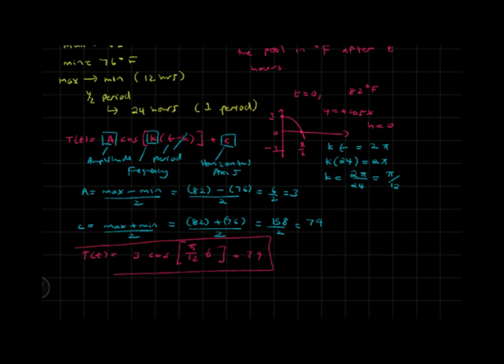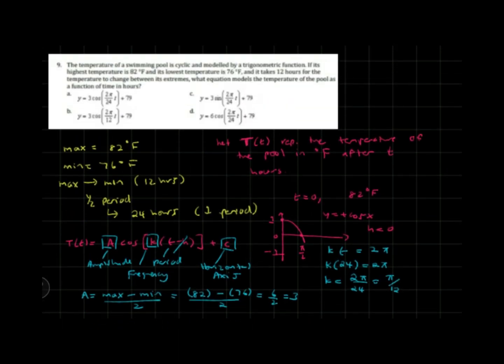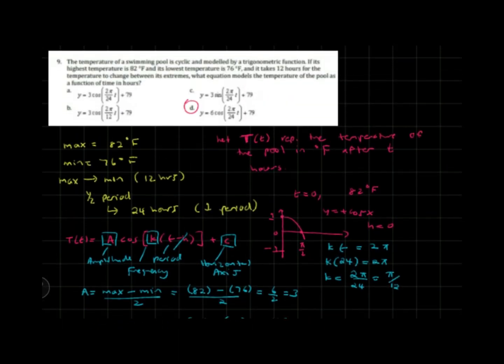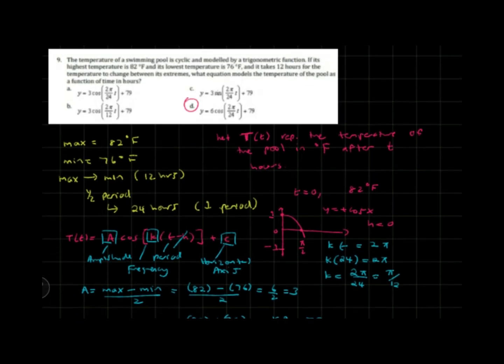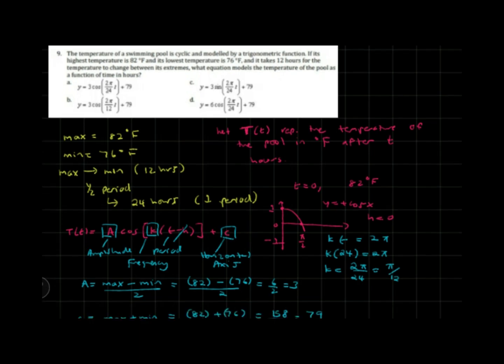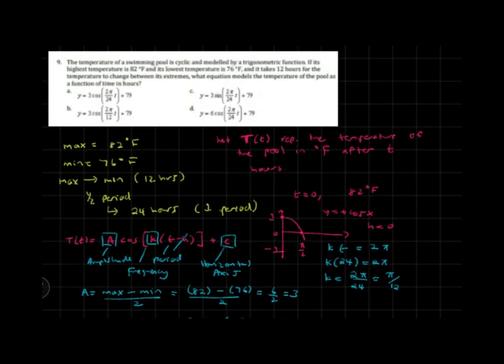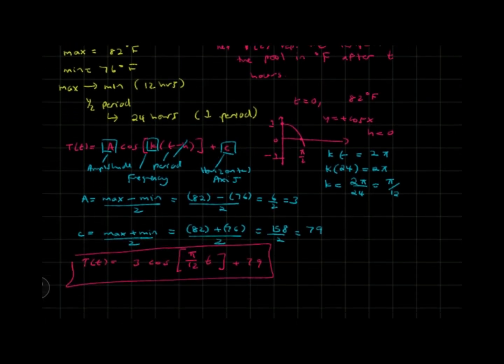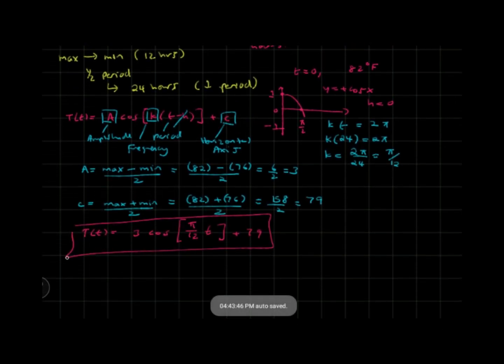So the closest function that it's going to resemble here is going to be part D. Oh, sorry about that, not part D, part C, because the amplitude here should be 3. But wait, part C doesn't actually have, no, it's not part C, because this is sine. It's not part D either, so it's part B. Sorry about that, guys. So the answer here should be part B, and this is our equation of our trig function.